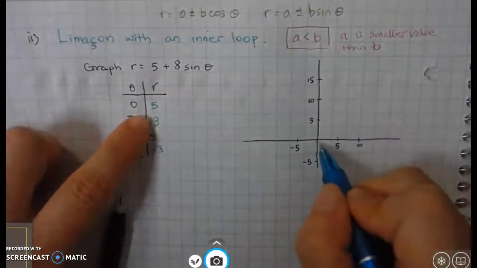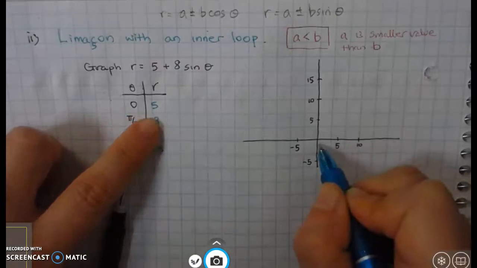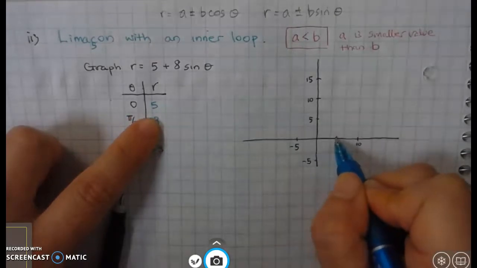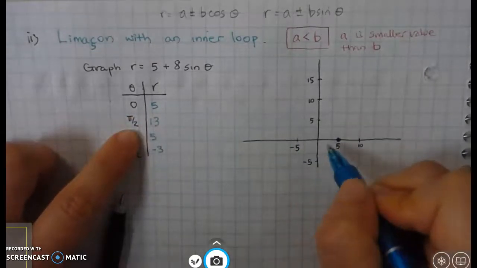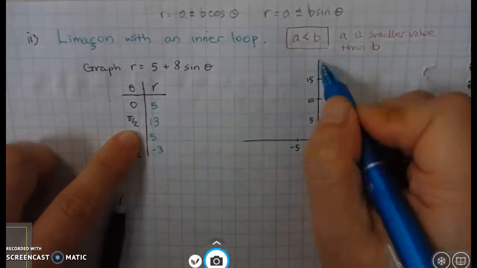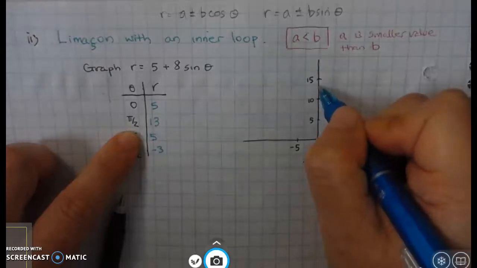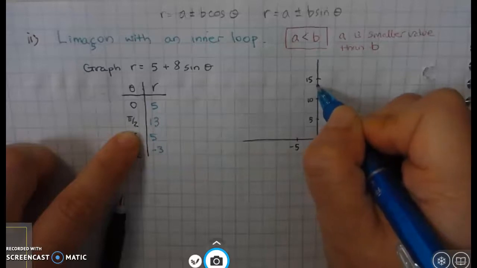When the angle was 0 degrees, along this ray, the radius was 5. So it's right here. When the angle was pi over 2, along this vertical axis it is 13. So I need to find a radius of 13. That will be approximately here.